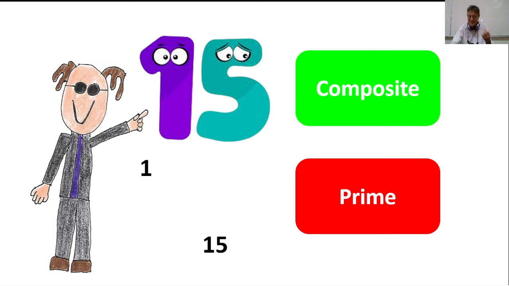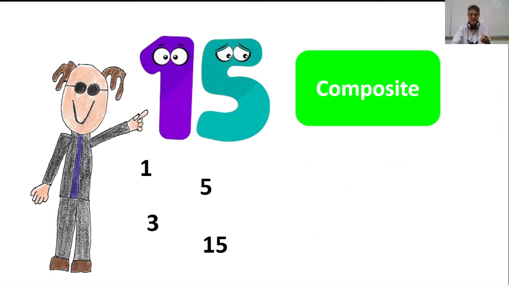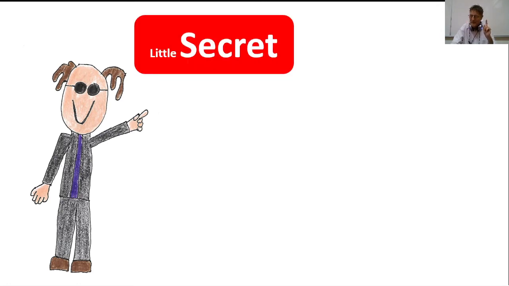Look, there's a big space here, so you know there's another number. It is divisible also by 3. 15 divided by 3 equals 5. So 15 is a composite number.